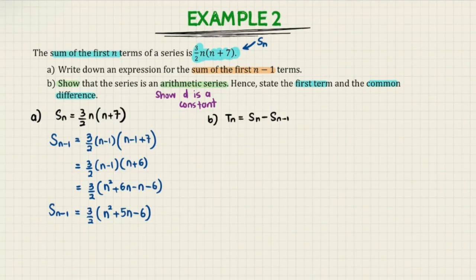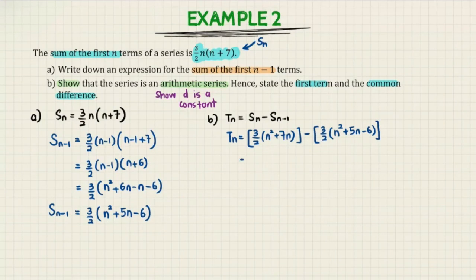Alright, so our Tn will be equals to, yang pertama Sn adalah 3 over 2 n squared plus 7n. Okay, tolak dengan Sn minus 1 adalah 3 over 2 n squared plus 5n minus 6.